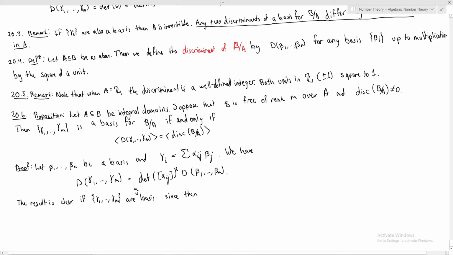You could even argue that this is the definition, since then the discriminant of B over A equals this thing. I guess really you should think of this as a collection of equivalence classes, and these all generate the same ideal.